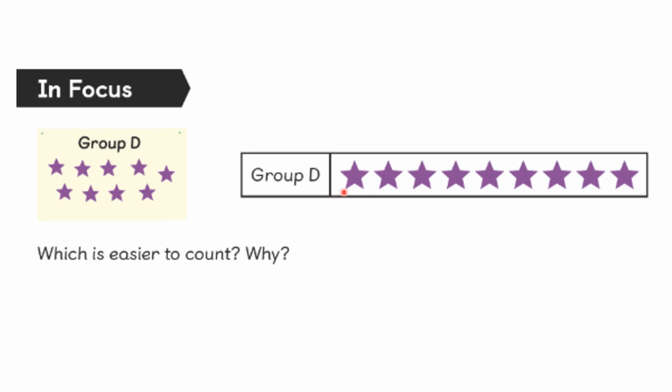In this display, however, we can count them all moving in the same direction. 1, 2, 3, 4, 5, 6, 7, 8, 9. A bit like when your teacher asks you to line up. We always ask for a straight line because that makes it easier for us to count you. We could even count these ones in 2s quite easily, or 5s, or 10s. Let's try 2s. 2, 4, 6, 8, plus one more, 9.